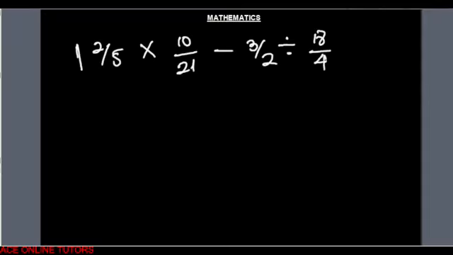Then we have it, we are adding it to, let's say we are having a bracket. Then we have 2 plus 1 over 2.